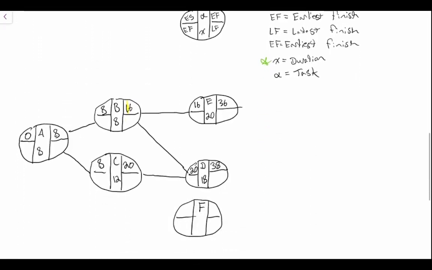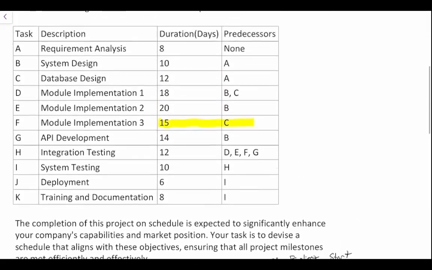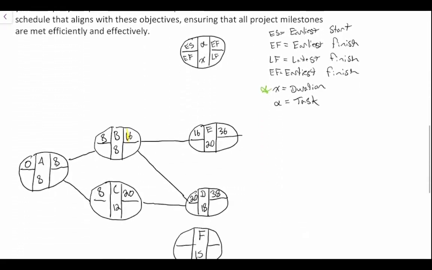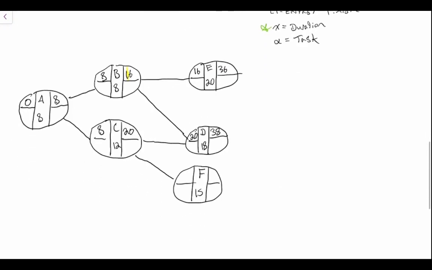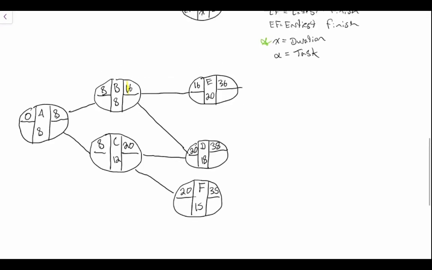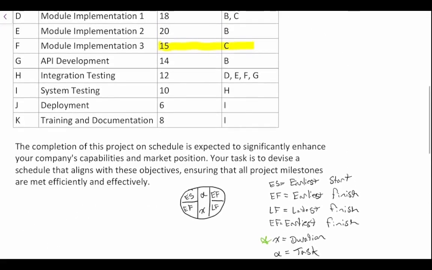Well, it takes 15 days to complete F. And the predecessor is C. So C must be complete before we can start F. So if the earliest finish of project C is 20 days, then the earliest start for project F is 20 days, which means that the earliest finish is 20 plus 15, which gives us 35 days. That's our earliest finish for project F.